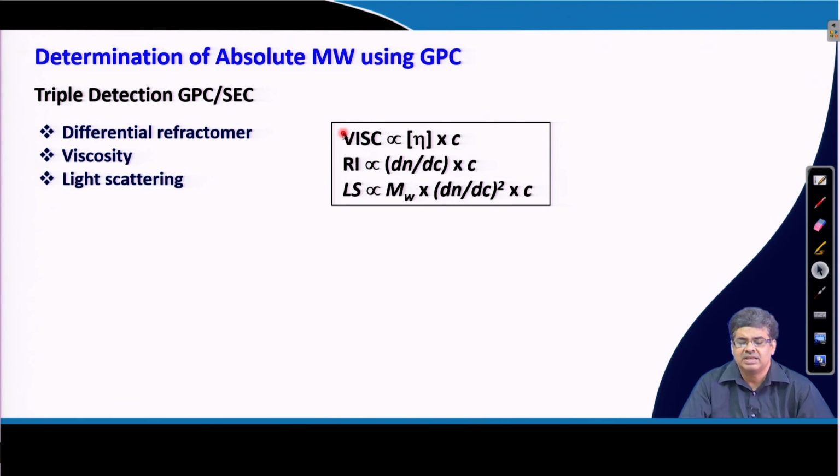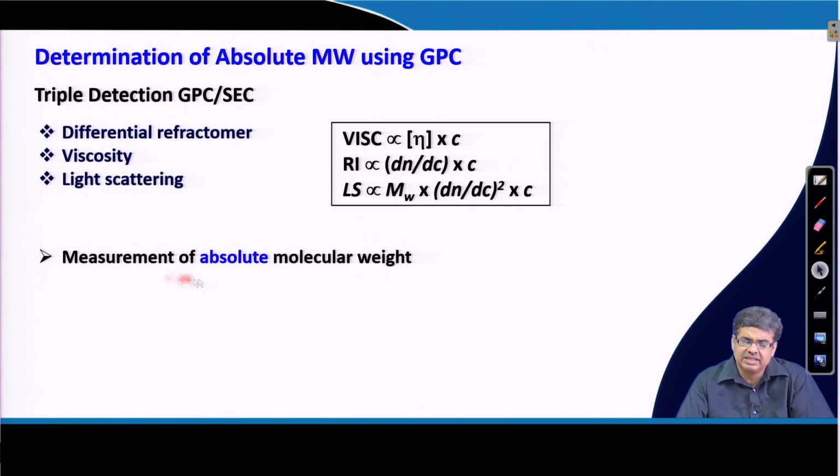For example, the response in the viscosity detector is proportional to intrinsic viscosity multiplied by concentration. The response in the differential refractive index detector, as we discussed earlier, is proportional to dn/dc multiplied by concentration, and the response in the light scattering detector is proportional to molecular weight Mw multiplied by (dn/dc) squared multiplied by concentration, and again this concentration is mass by volume.